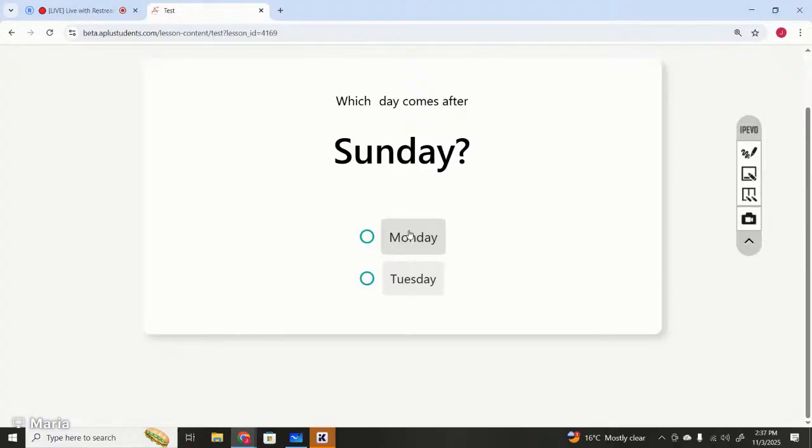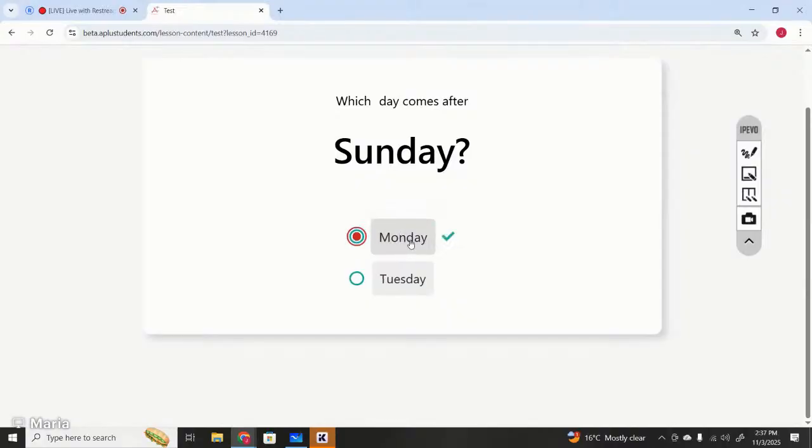Which day comes after Sunday? After Sunday, it is Monday.